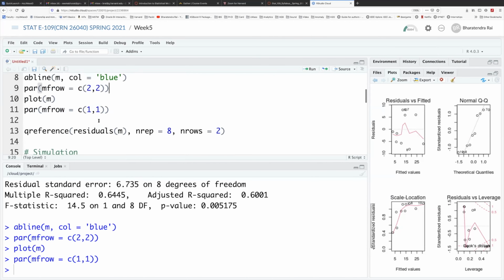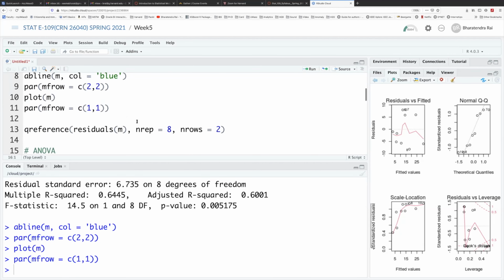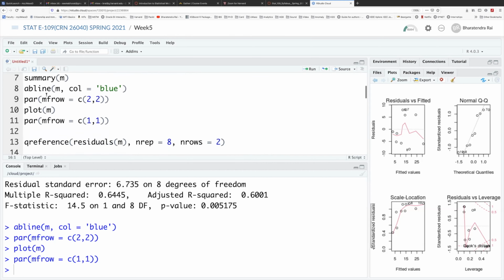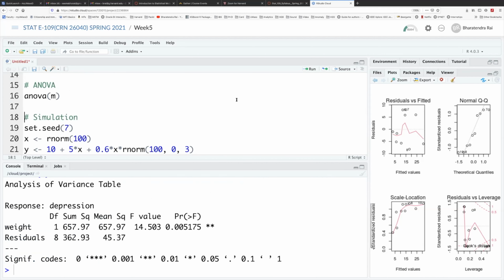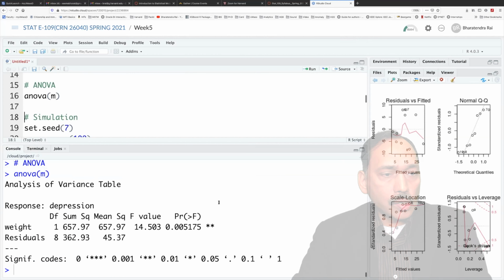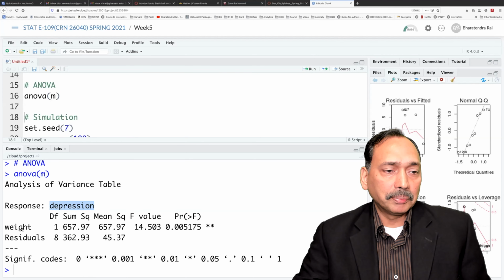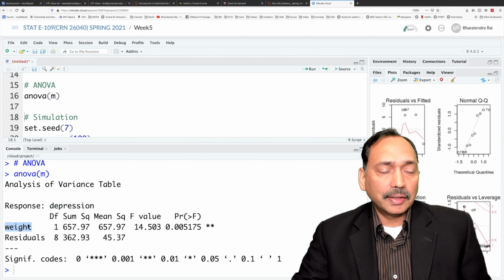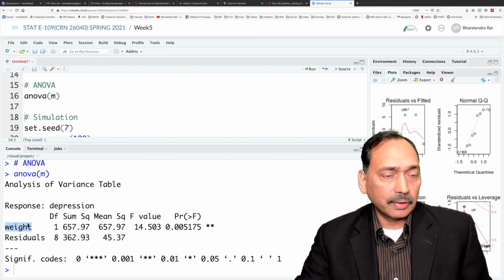Another thing I want to add here is analysis of variance that we briefly saw earlier, and our model is in M. I can simply run anova on M, and that will give us the analysis of variance table. So the response variable is obviously depression of the grass, and our model is based on one variable, which is the weight of the roller.